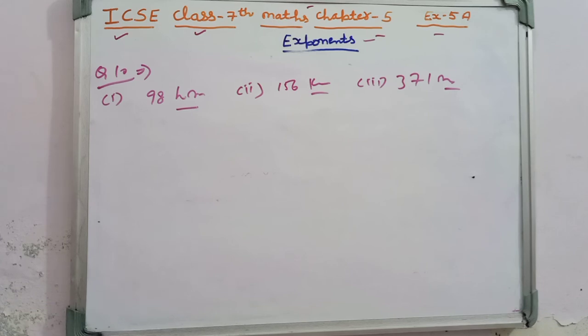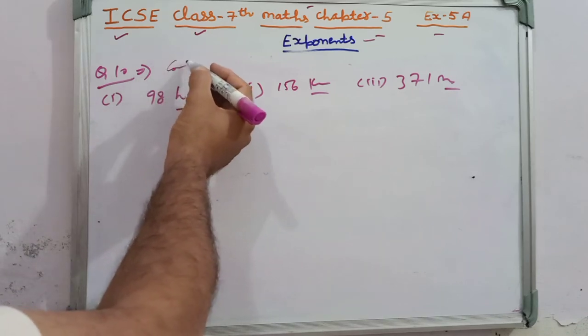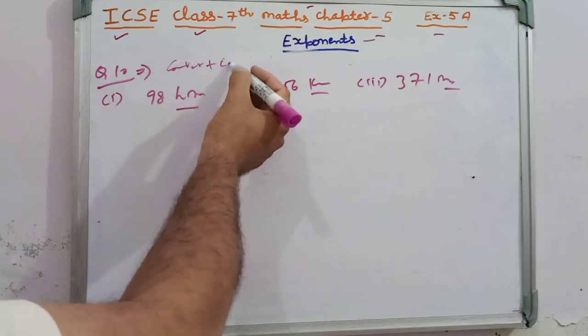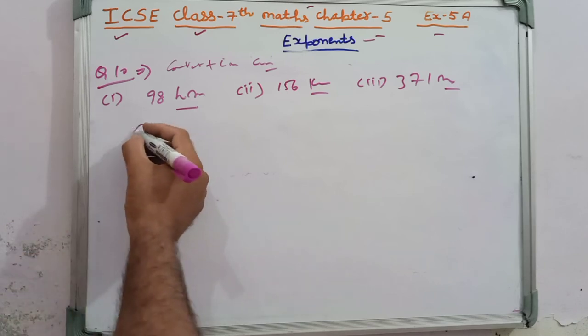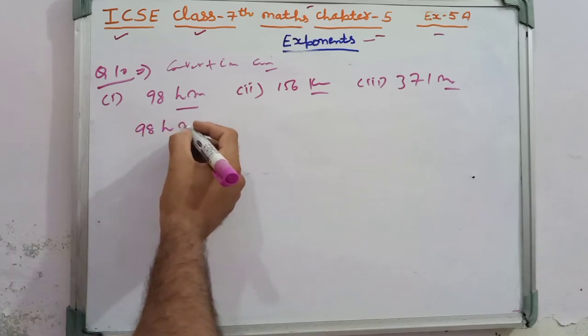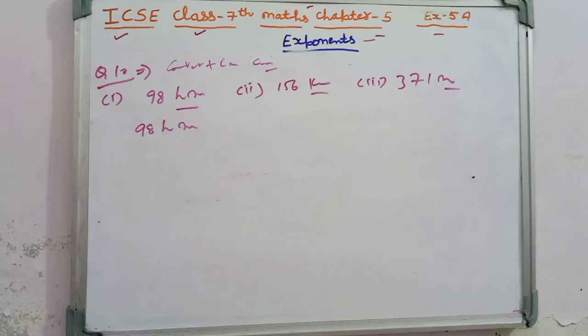We have to convert everything into centimeter. Right? So first is 98 hectometer.